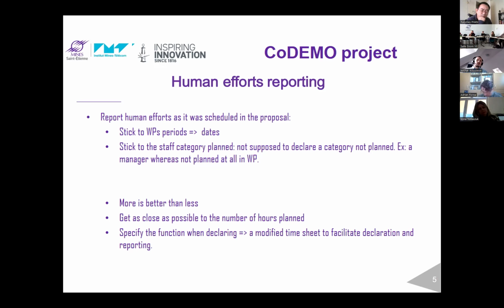So one person can be, for example, manager in work package 8, but the same person could be a teacher or engineer in work package 6 or 3. So what you have to do is keep the same staff category for one person in each work package, but you can change the category from one work package to another.